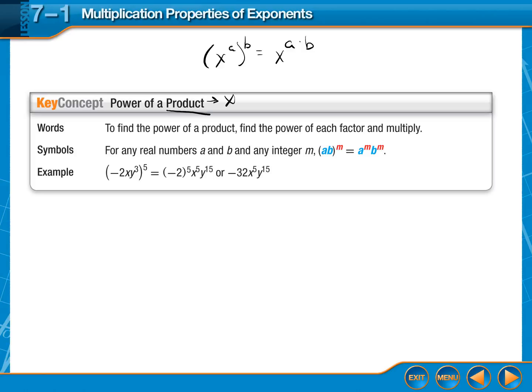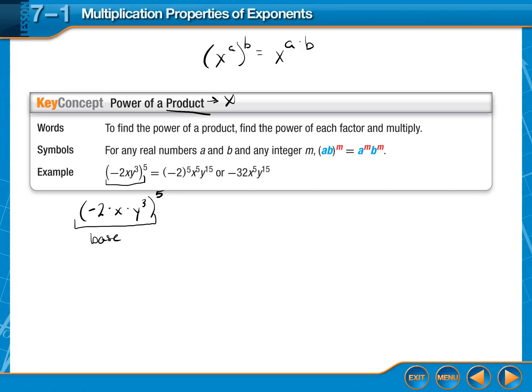Okay, so if we take a look here, negative 2xy to the third really means negative 2 times x times y to the third. So negative 2xy to the third is a product because we're multiplying all of these things together. And we're taking this product and raising it to the fifth power. Okay. And again, what we talked about is that this can be considered the base.